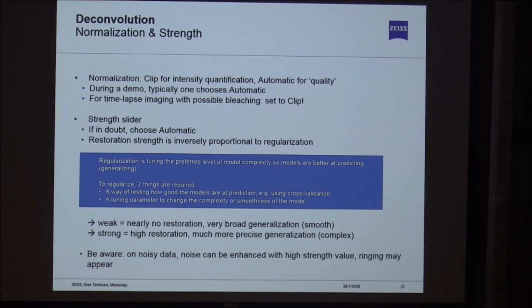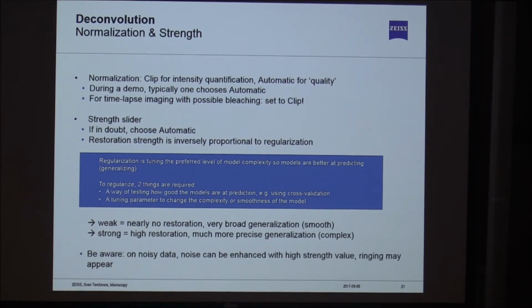Clip is the one that you need to choose if you want to quantify your data afterwards for intensity quantification. With automatic, it will automatically adjust, and you don't really know how much it has been adjusting your intensities. But you will get a nice result in the end. It's just the image will be nice. You cannot really trust it anymore for image analysis. That's when you choose clip.